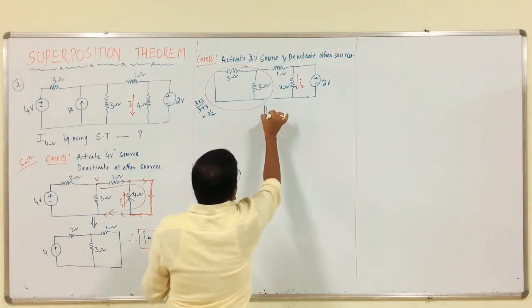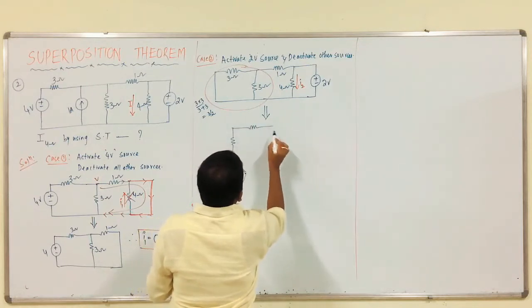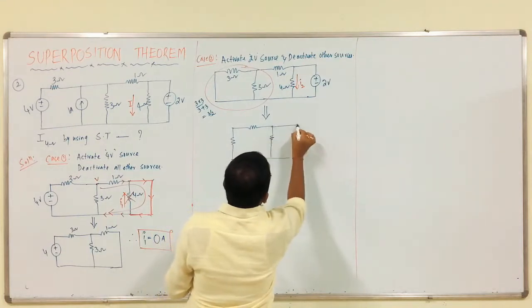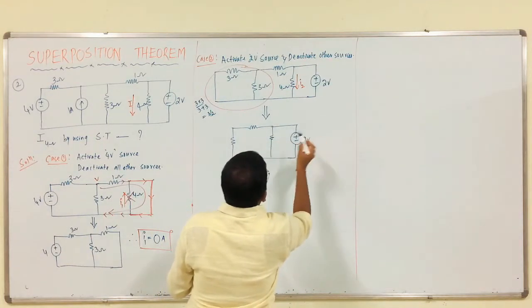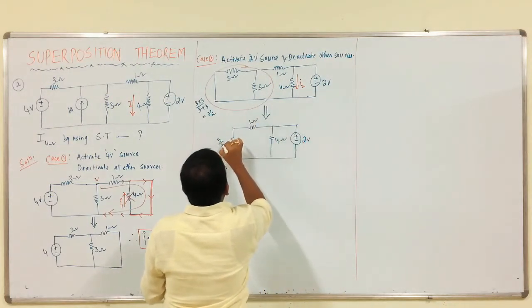Therefore, the circuit becomes what? Plus minus 2 volts, 4, 1, 3 by 2.